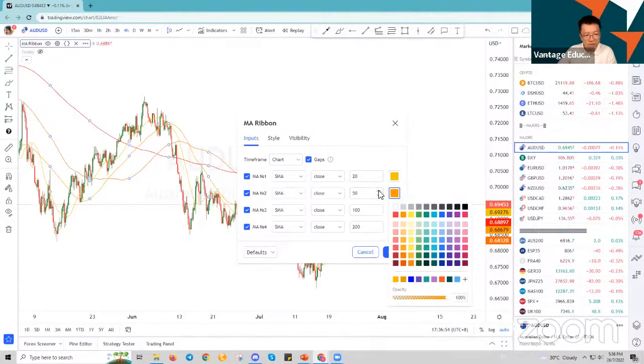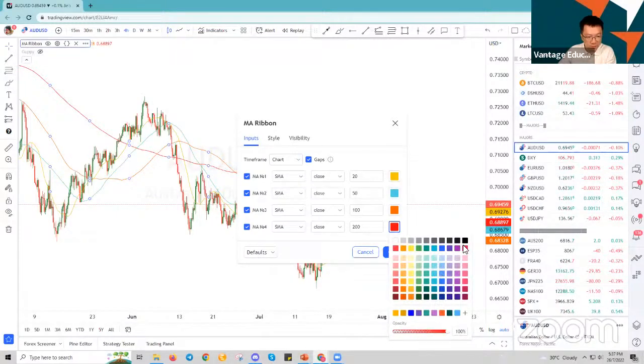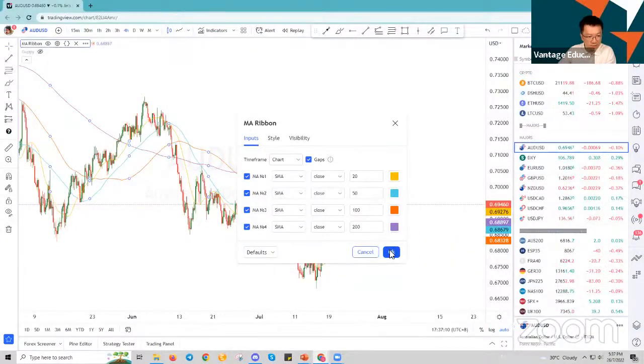See, that's how easy you can change your simple moving average as well, just by changing the different colors there or numbers there. That, and also let's consider that one, something different that we can spot easily.